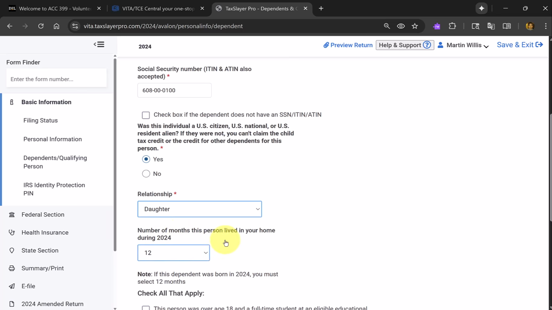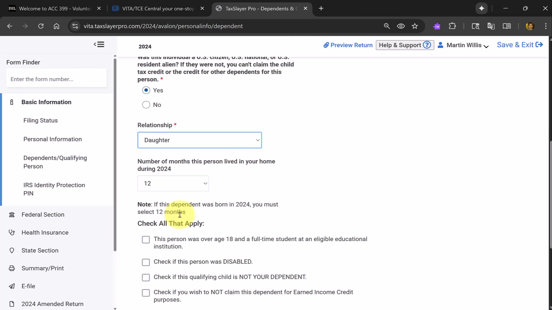And she lived with the parents for 12 months. Being away to school, dorming, is still considered to be living at home. If this dependent was born in 2024, you would select 12 months anyway. This person was over age 18 and a full-time student at an eligible education institution.